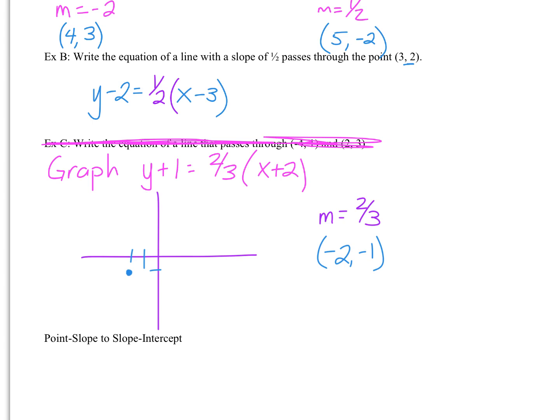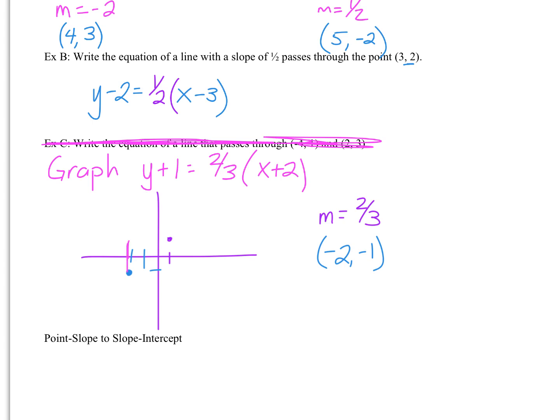So that tells me to do what from that point? Exactly, up 2, right 1, 2, 3. And there we go. Let's see, and I'll kind of show my stuff here.